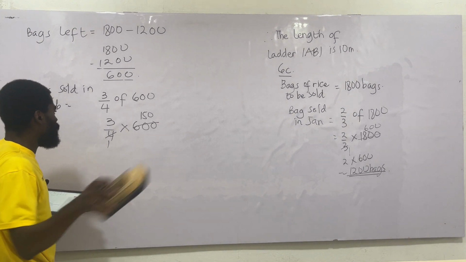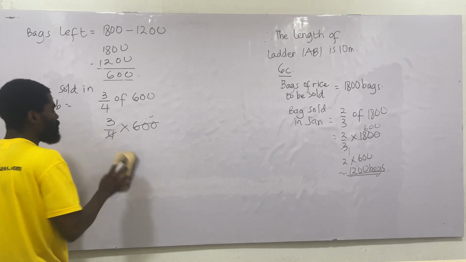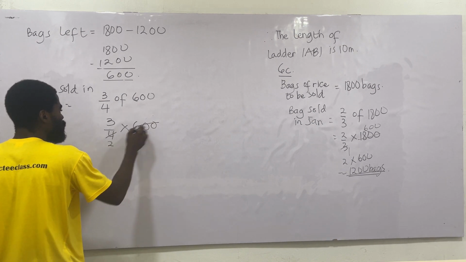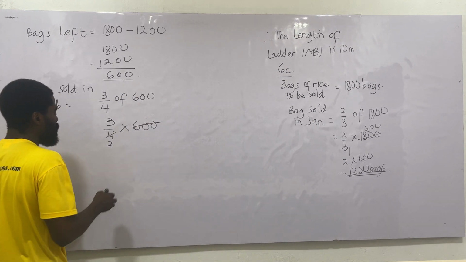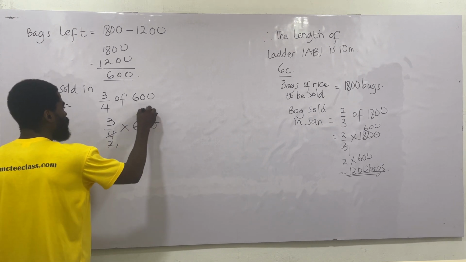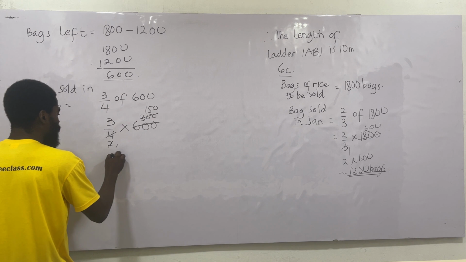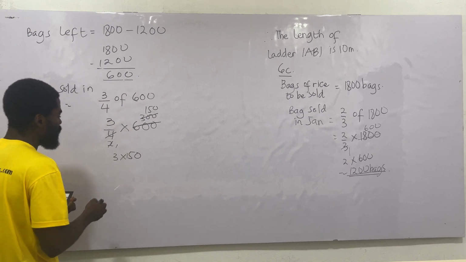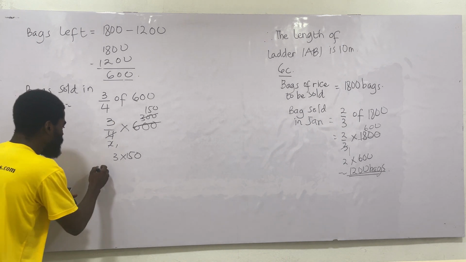Or let me cancel with 2 and see if I get the same thing. Yeah, the same thing. 2 goes into itself once, and 2 goes into 600, that'll be 300 times. This goes here 1, it goes there 150. So I now have 3 times 150. So the same thing, I have 3 times 150.